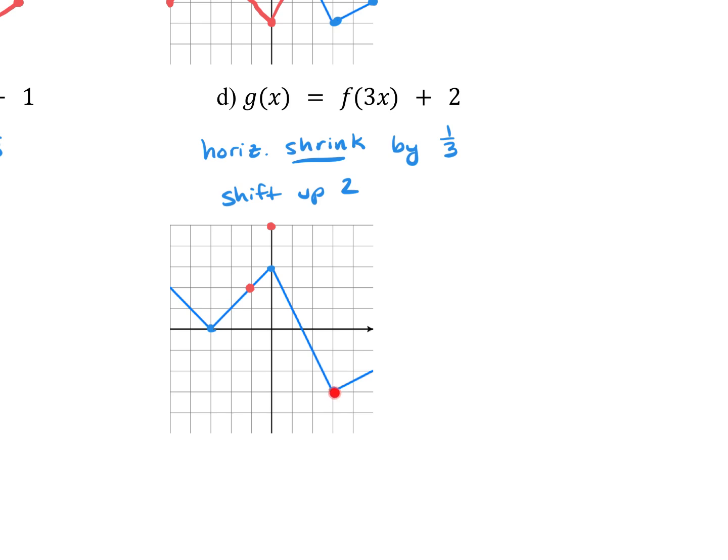This x value is 3, so it becomes 1, and then I go up 2. Let's see, and then we can kind of estimate for these other ones. This is 5, and so it becomes 5/3, and then we go up 2, so somewhere around here. And this one's -5, so it becomes -5/3, and then up 2. And then we just connect our dots. So it looks like that.